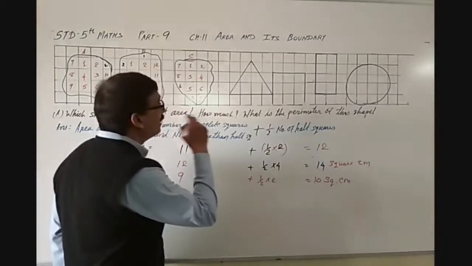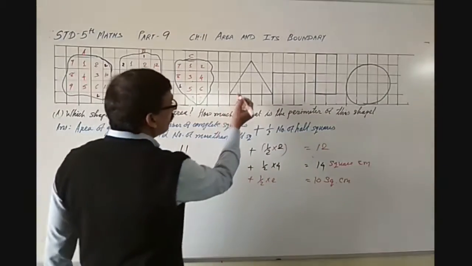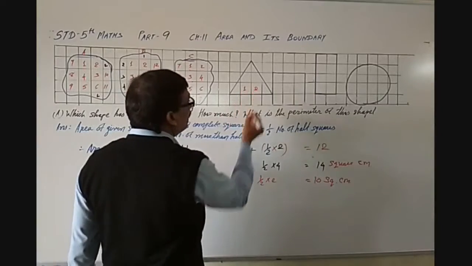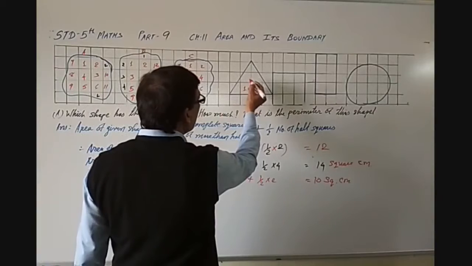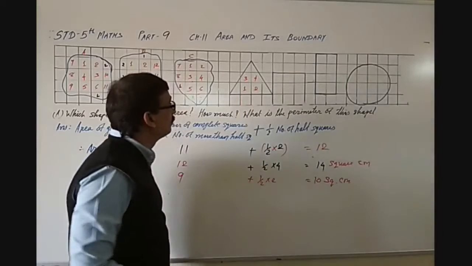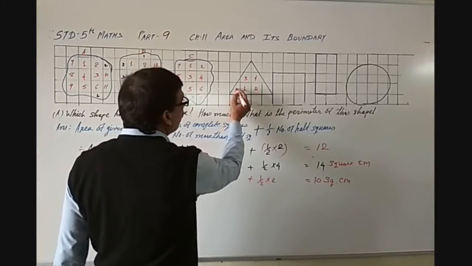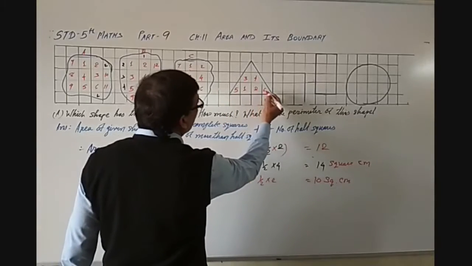So for the triangle, these are two complete squares. Then suppose these are two more than 1/2. This is also more than 1/2, and this is also more than 1/2.